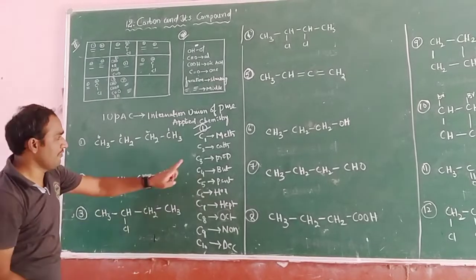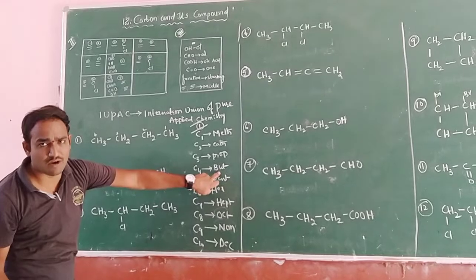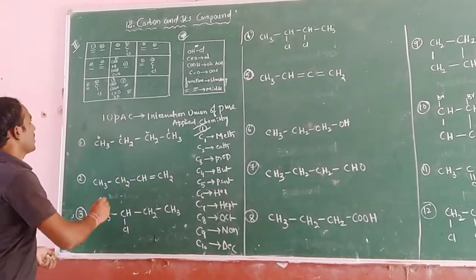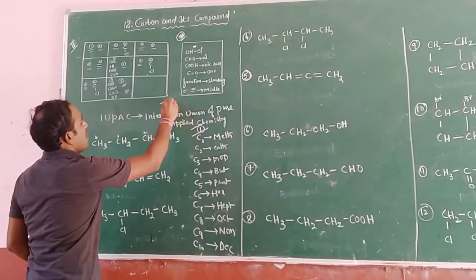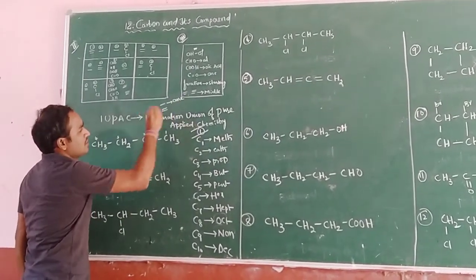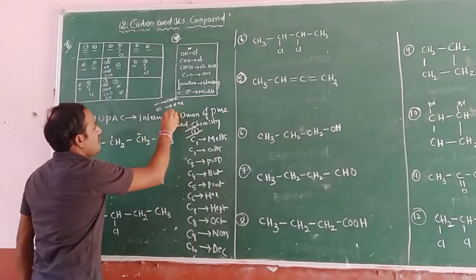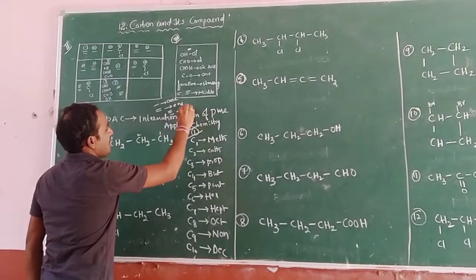If it is 4 carbons, what do we say? But. If it is a carbon-carbon single bond, that is ane. If it is a carbon-carbon double bond, that is ene. And if it is a carbon-carbon triple bond, that is yne.